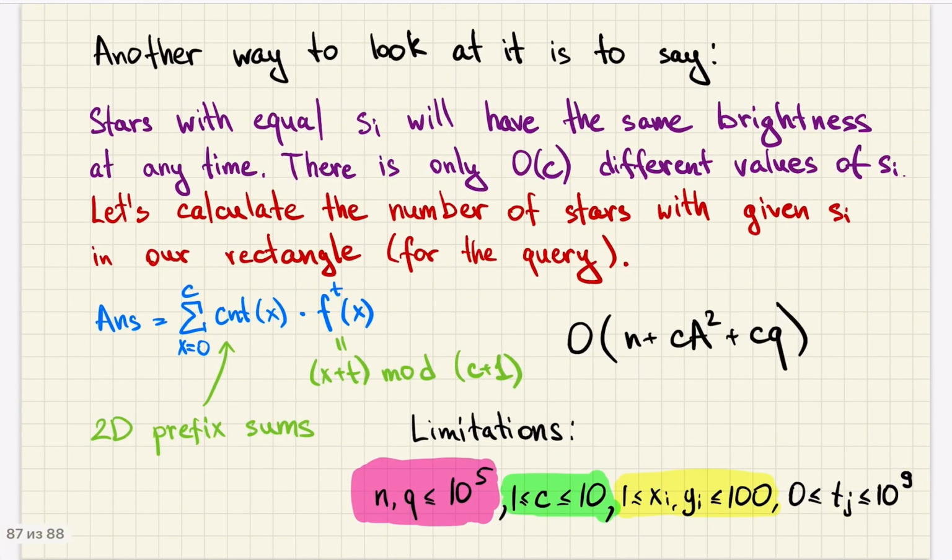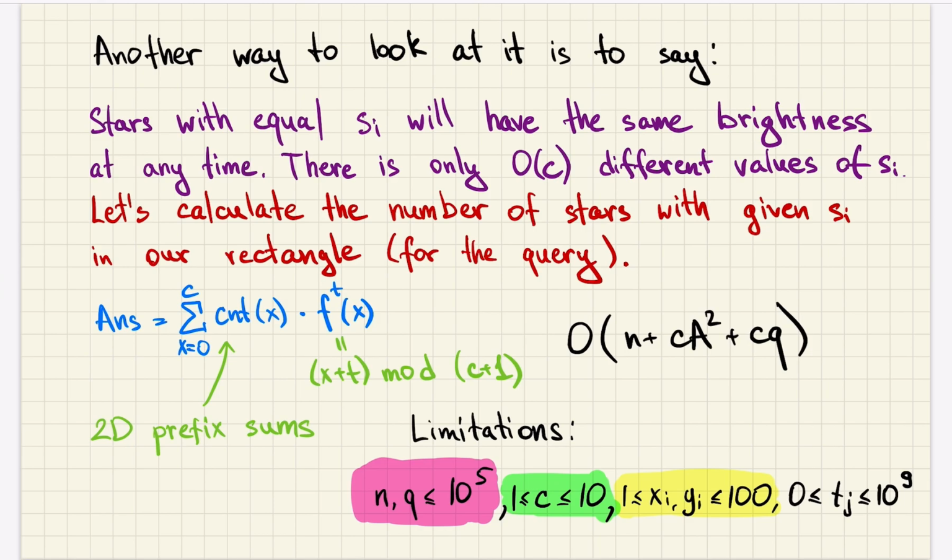We can think about it in a bit different way, and that way is simpler to me. Maybe it will be simpler for some of you. We can say that if two stars had equal values of Ci, which is the initial brightness, then if we look at those two stars at some other moment of time t, they still will be equal.